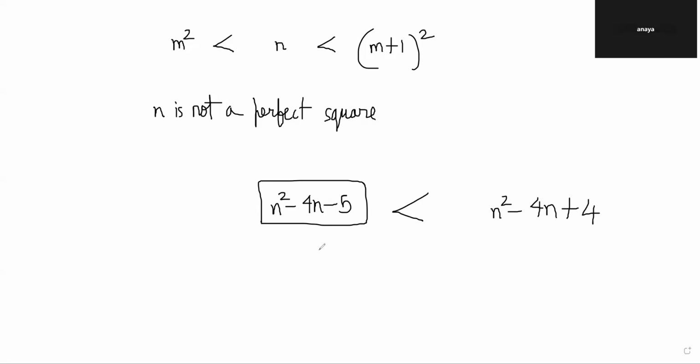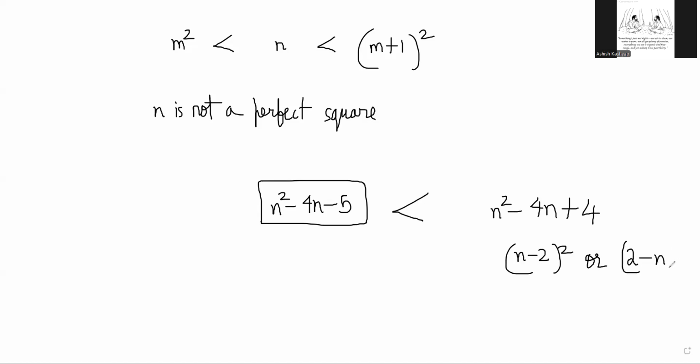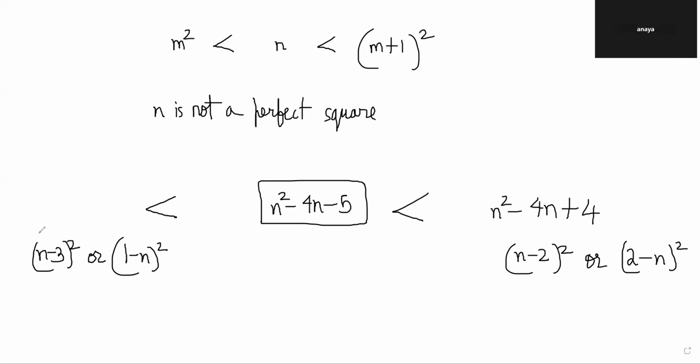This was n minus 2 square or 2 minus n square. So we just took the lower number here. So we just had to see n minus 3 square or 1 minus n square, right? And in both the cases, we got conditions because this inequality is not obvious. It's not always true. This inequality is always true.